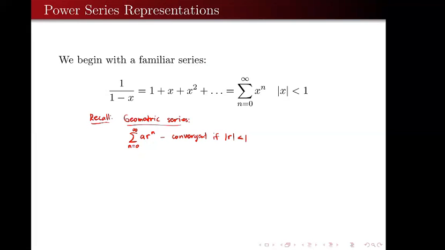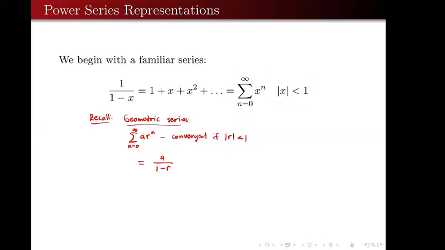So in here, this a, let's just replace it by 1. The r here, let us replace it by x. And you will get this guy here with absolute value of r less than 1, meaning absolute value of x less than 1. And if this is convergent, you can write this as a over 1 minus r.